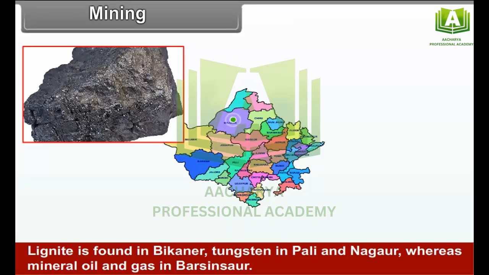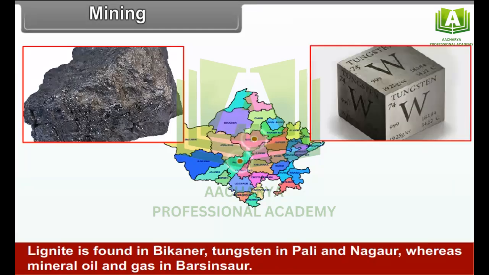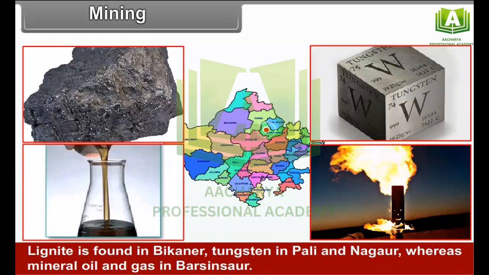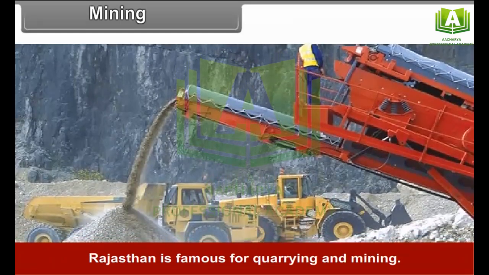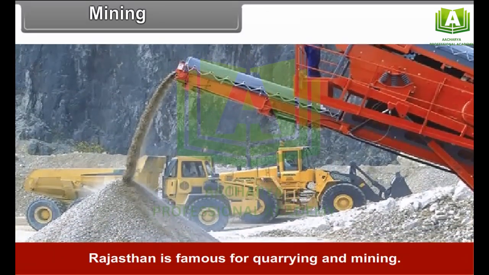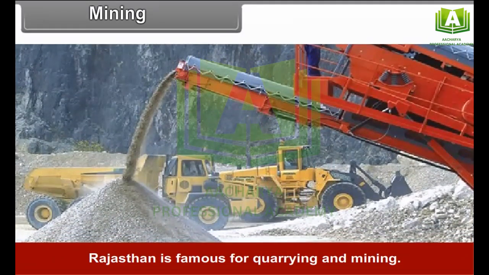Lignite is found in Bikaner, tungsten in Pali and Nagaur, whereas mineral oil and gas in Barmer. Rajasthan is famous for quarrying and mining.